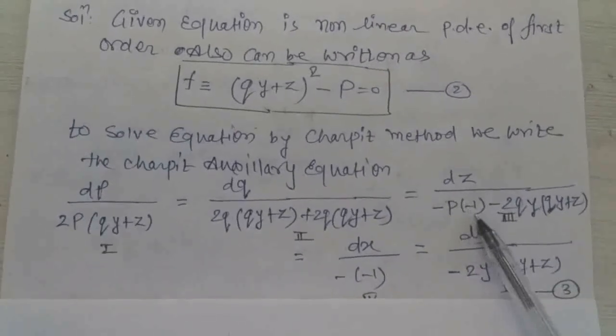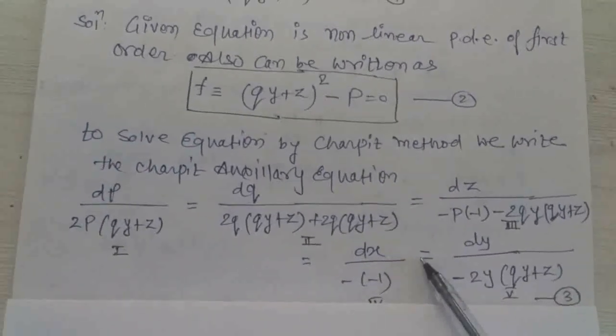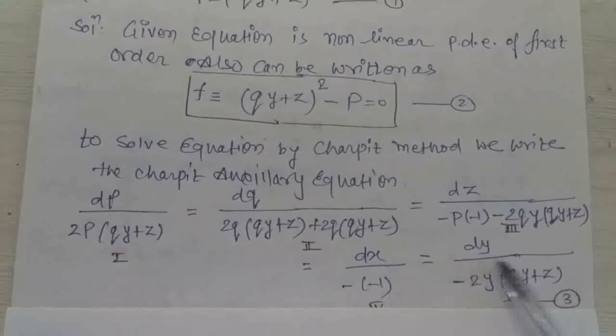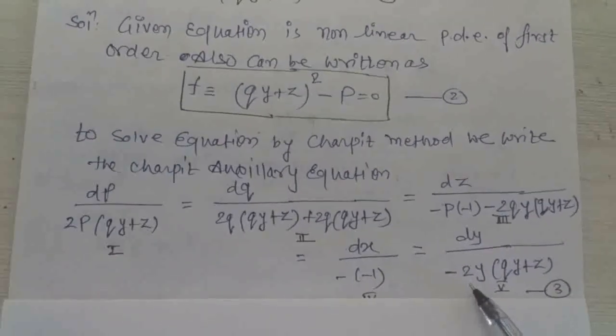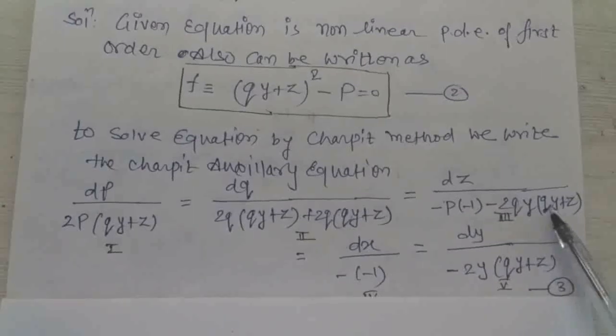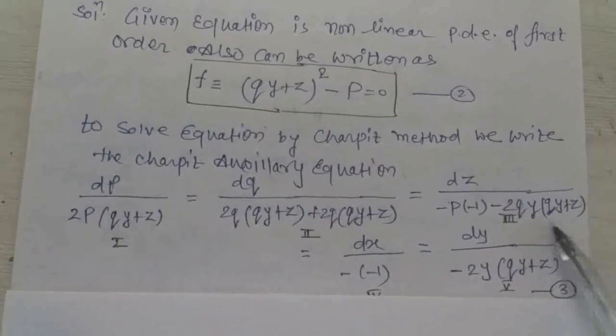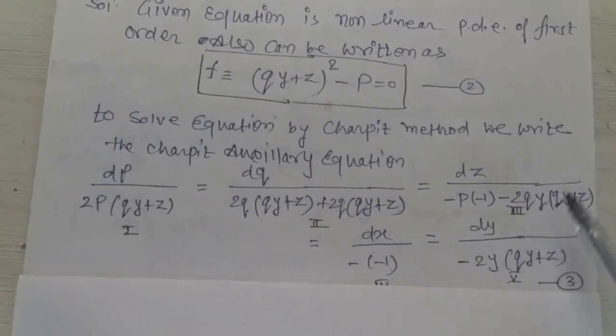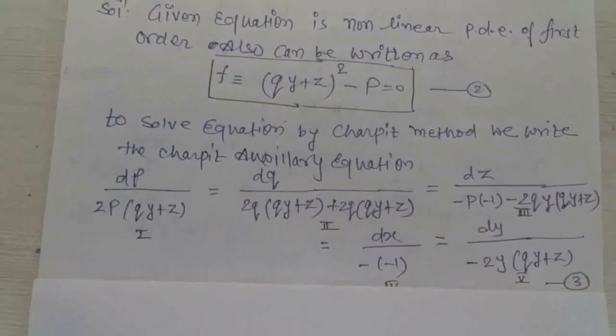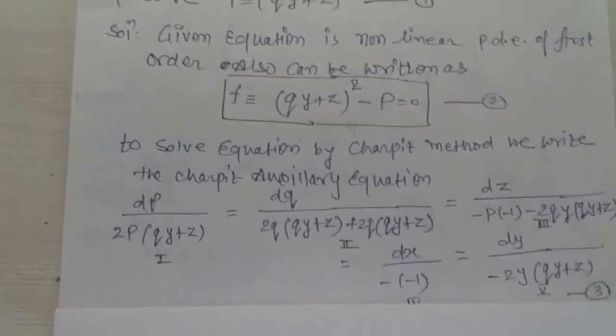So this is our del f by del p, minus 1, equal to dy upon minus del f by del q. So del f by del q is 2y times qy plus z. So this is the Charpit auxiliary equation corresponding to equation 2.